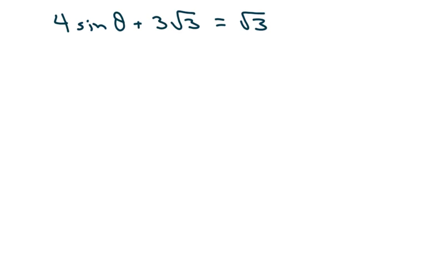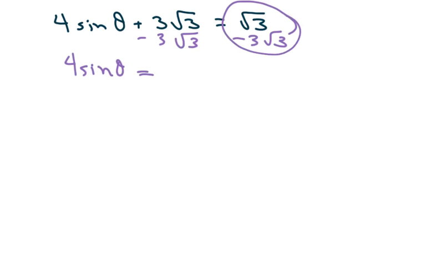All right, and the last one, we're going to subtract 3 square root of 3 from both sides. When you subtract those two, you get negative 2 square root of 3. Now let's divide both sides by 4.